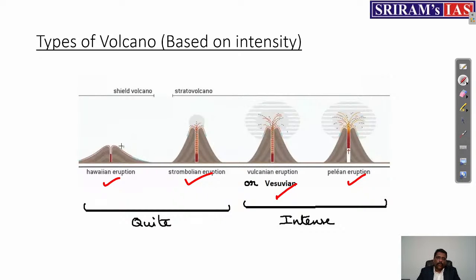And my dear friends, when I talk about the intensity based classification, what determines this intensity, if you ask me, it is the amount of gas that is emitted. More is the gas that is emitted, more will be the intensity. More is the gas that is trapped, more will be the release of gas. That's the reason normally we say convergent boundary, the gas being trapped, the possibility is more, the intensity is also more. Okay, that's all about this extrusive volcanic activity.